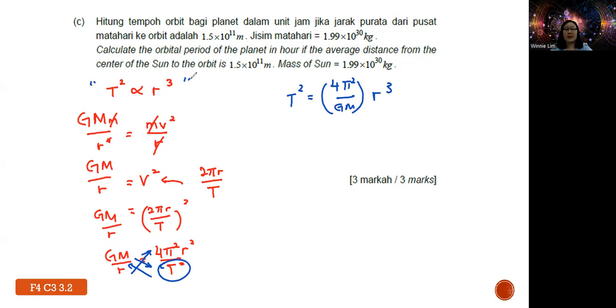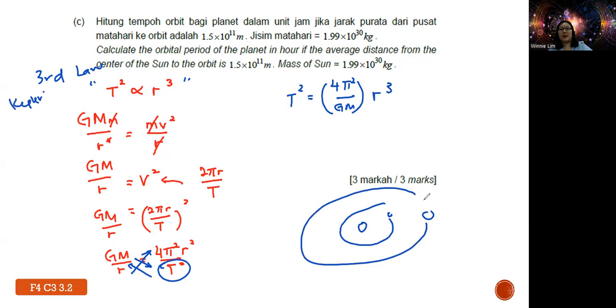Okay, so basically, sorry, this is not Kepler's second law, this is Kepler's third law. So for Kepler's third law, right, the idea is basically you have any planets orbiting the sun.